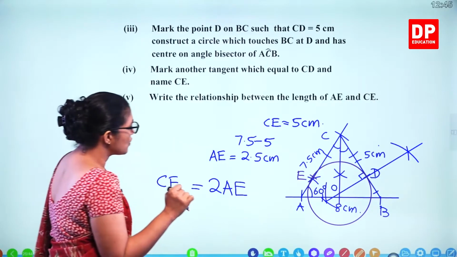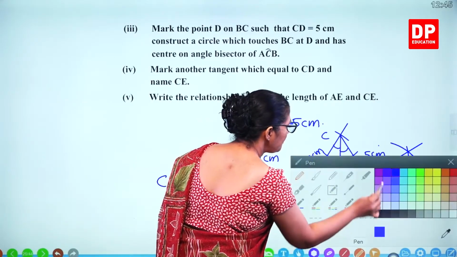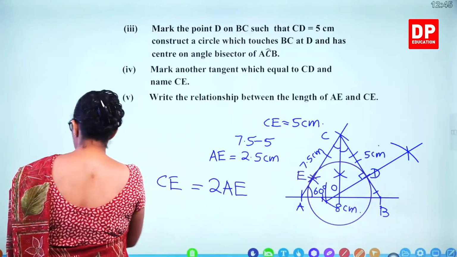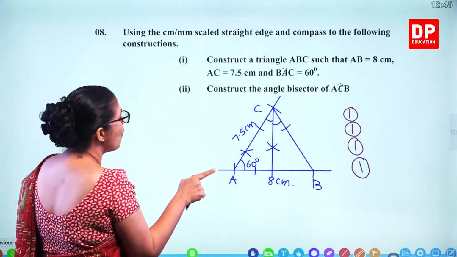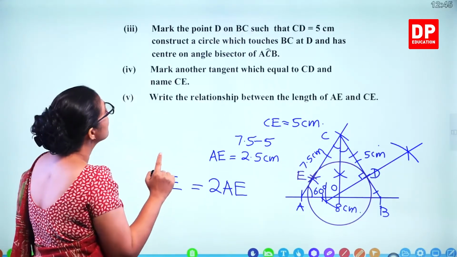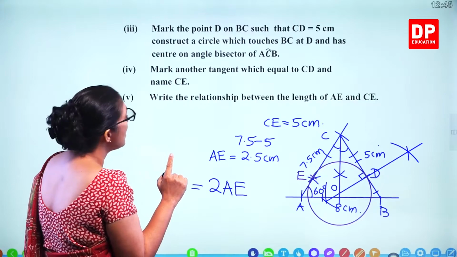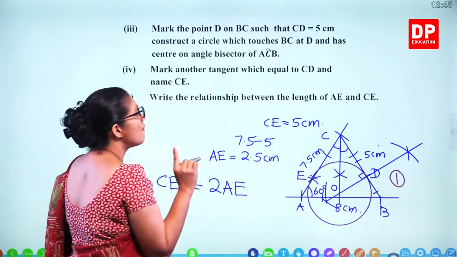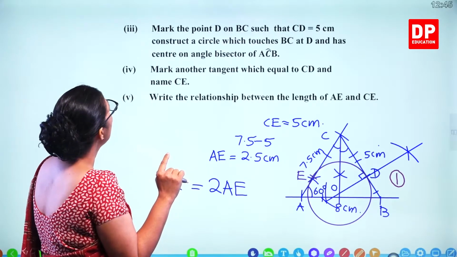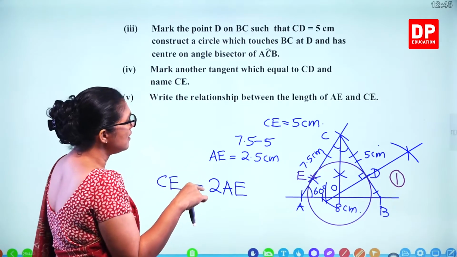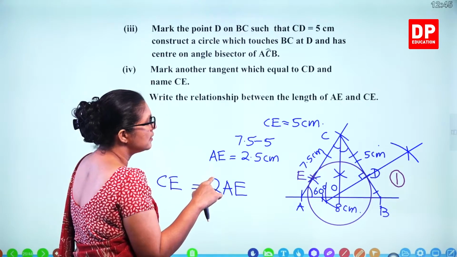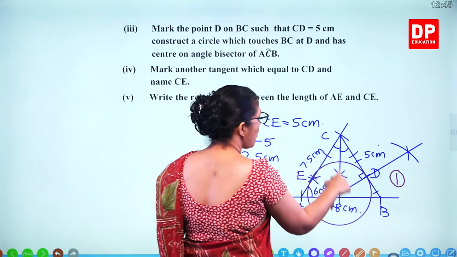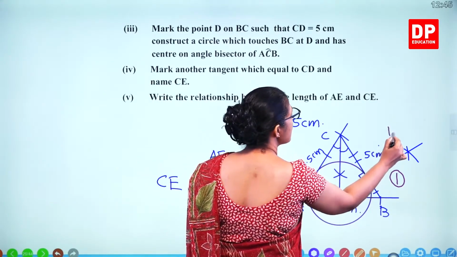So how many marks for these steps? We gave 4 marks last time, and here marking the D point is 1, that's 5. And then construct the circle, that means you have to draw the perpendicular bisector.